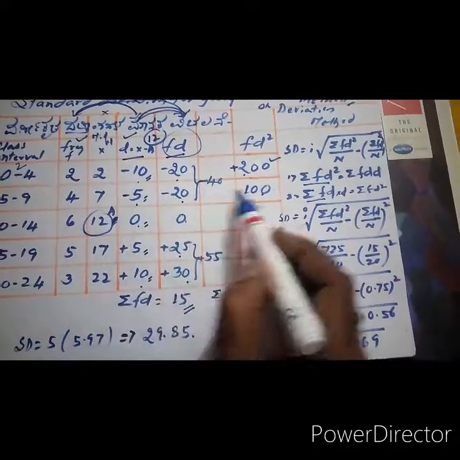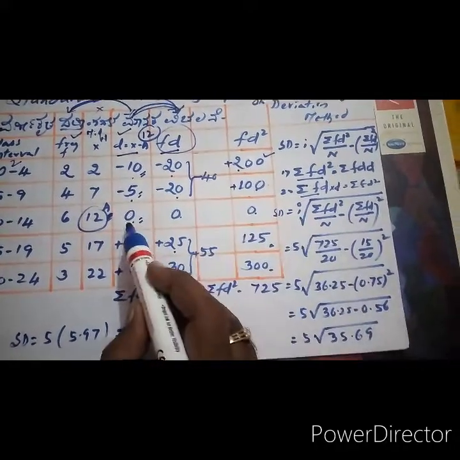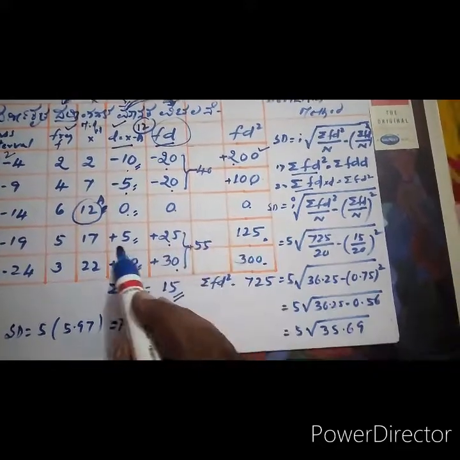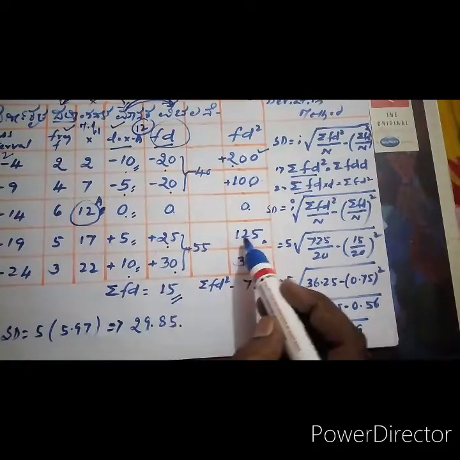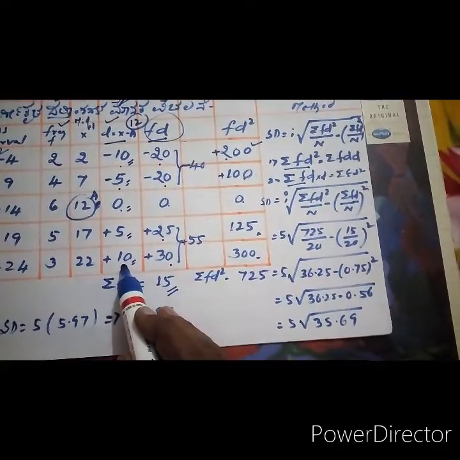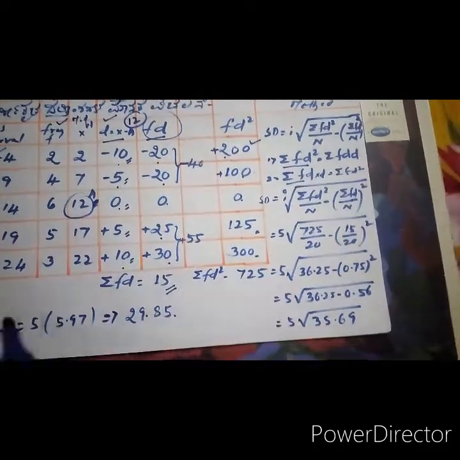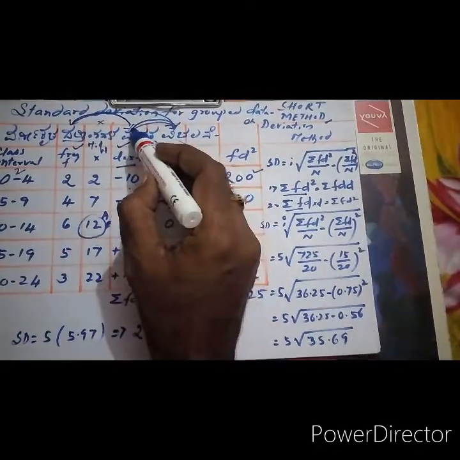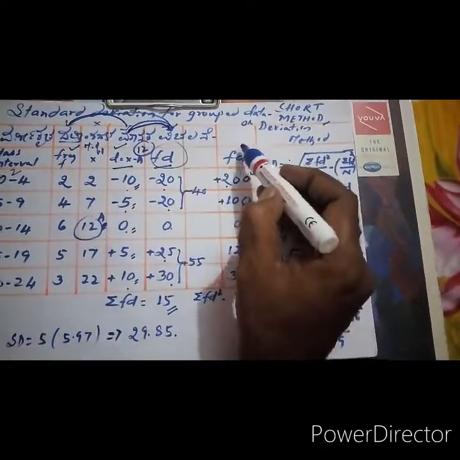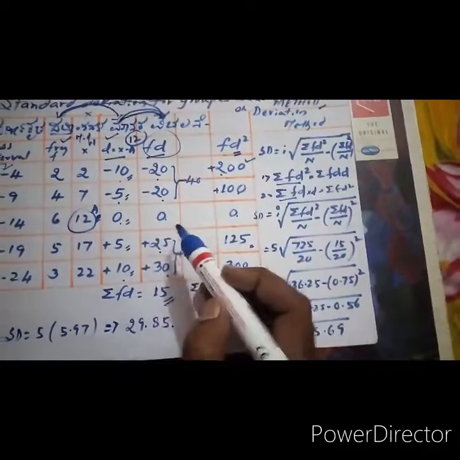Minus 5 into minus 20 is plus 100. 0 into 0 is 0. Plus 5 into plus 25 is 125. 10 into 30 is 300. So by multiplying the fourth and fifth columns we get fd square.